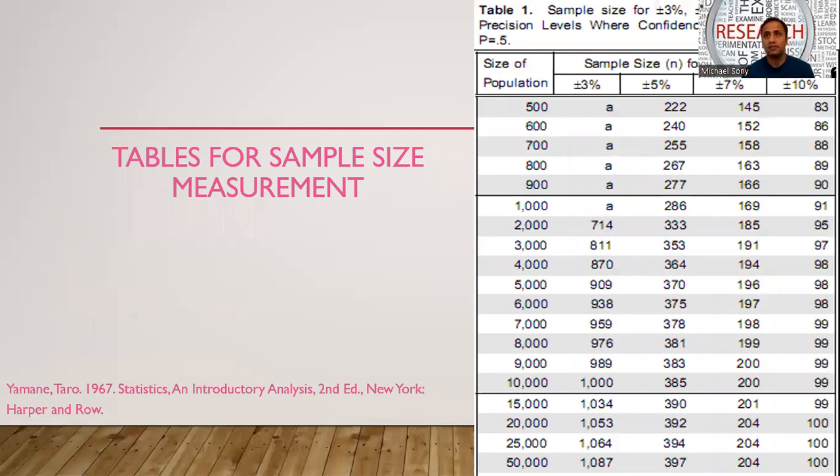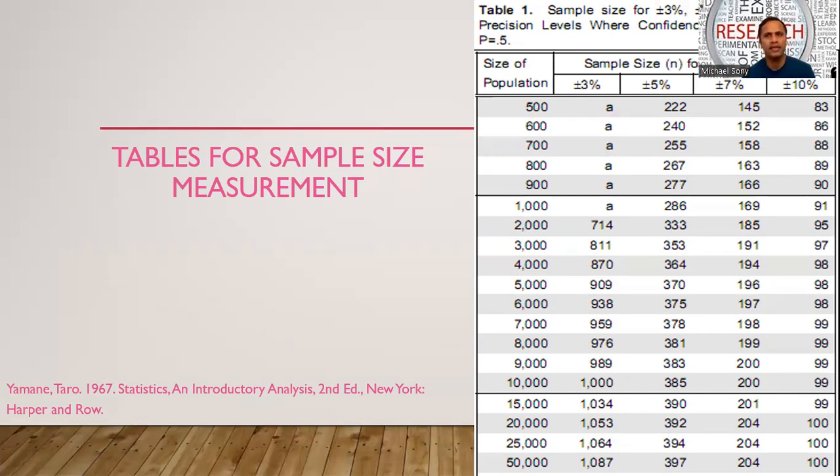We can also estimate the sample size based on standard tables by authors like Yamane, or any statistical textbook you can refer to. There are standard classical tables by which you can estimate the sample size. In this case, if the population is around 2000 and the level of precision you want is around 5%, then you can get a rough sample size of around 333.